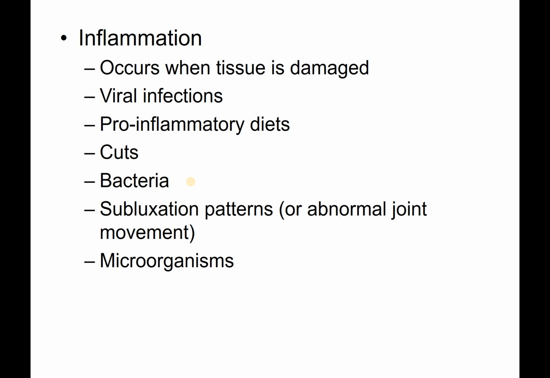Okay, these are some of the things that can cause inflammation and chronic inflammation, where it's constantly there. So inflammation occurs when tissue is damaged. Now there are inflammatory mediators that come in. I get into those in detail in ANP2 in our immune system lecture, the different chemicals that are released and what each one does, which ones are responsible for our immune system and bringing in these Pac-Mans to protect you, and on it goes.